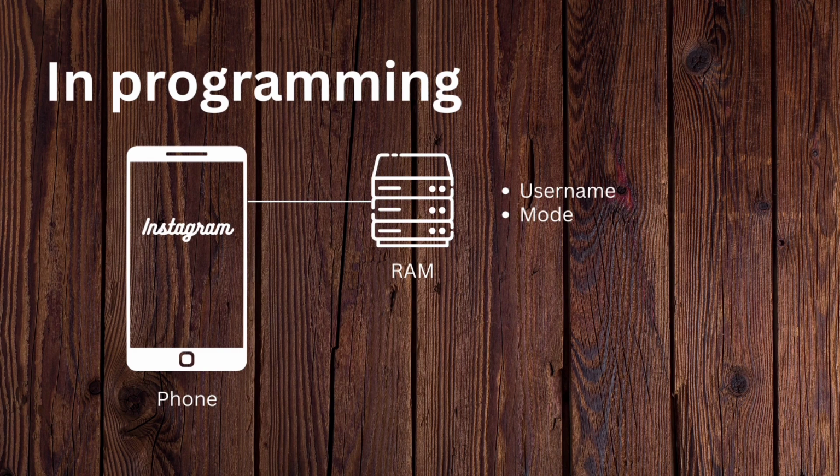It can work some maybe a background service or fetch some records, maybe reels or pictures for Instagram. This can also include some metadata such as your username, the mode. It can be light mode or dark mode and stuff like that. So all these variables, not all of them in essence, but some of them are usually stored in the app's state, and that is stored in the RAM.